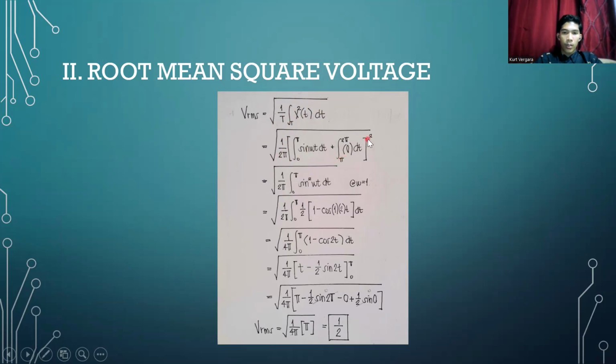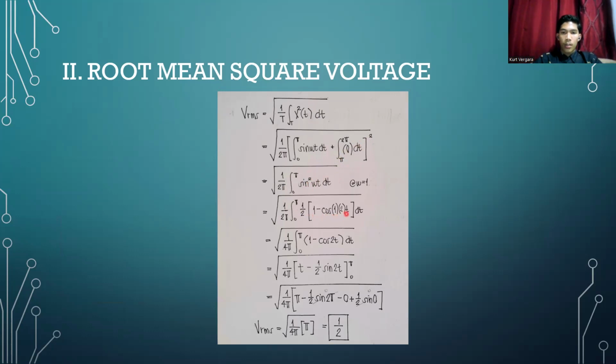Cancel this one out because it's just 0. In solving this integral, we are going to use trigonometric identities. Sine squared omega t is equal to 1/2 times 1 minus cosine 2 omega t.